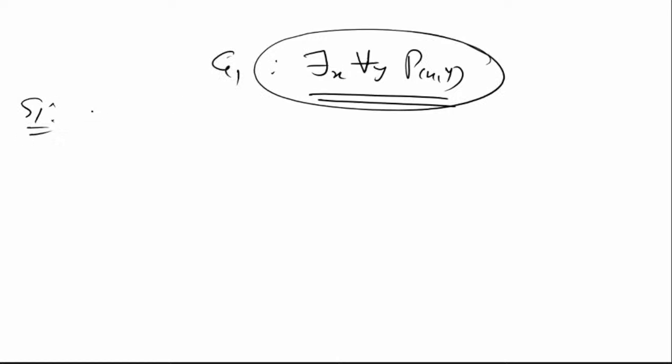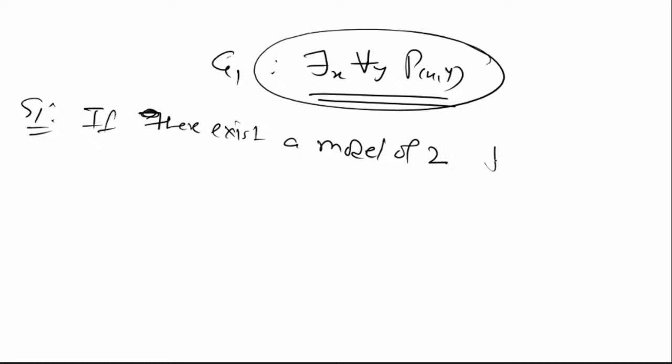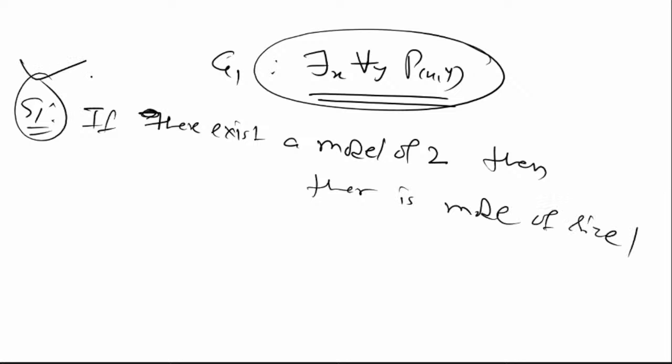What a statement I can make: if there exists a model of size 2, then there exists a model of size 1. Now this statement S1 is true because there is no counterexample.